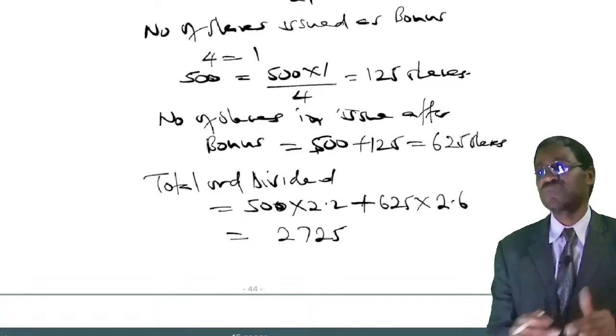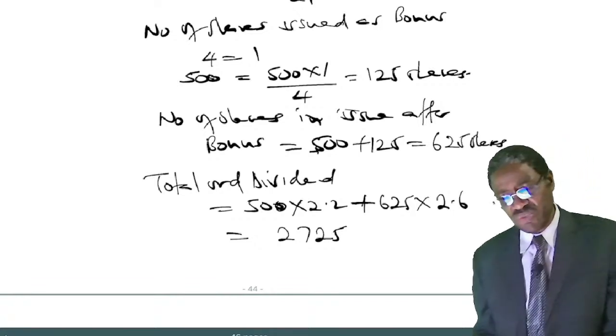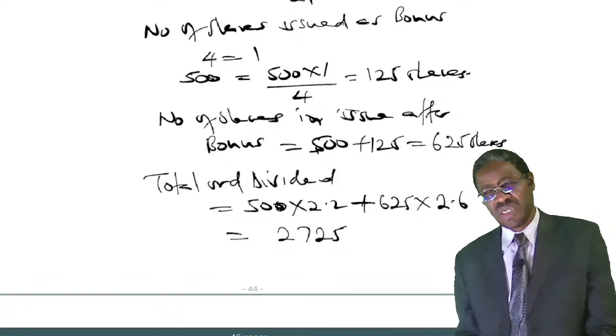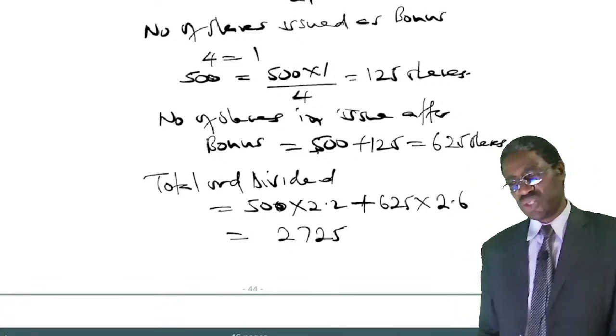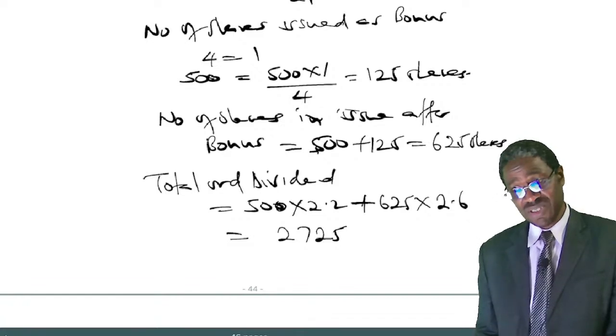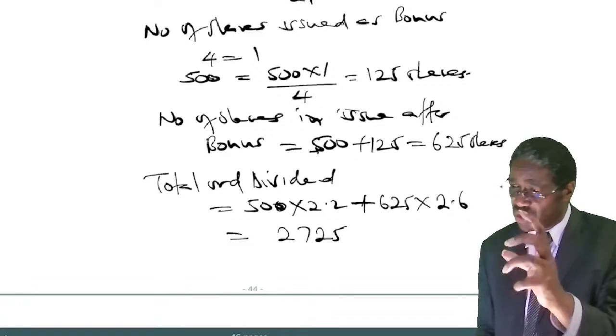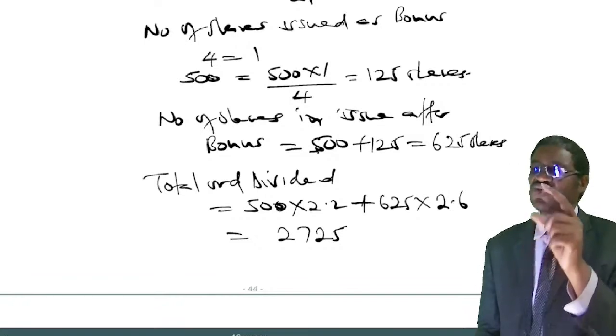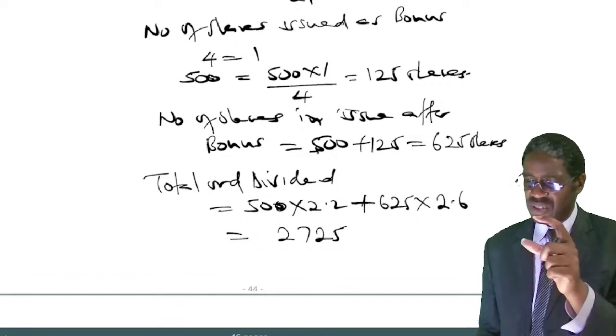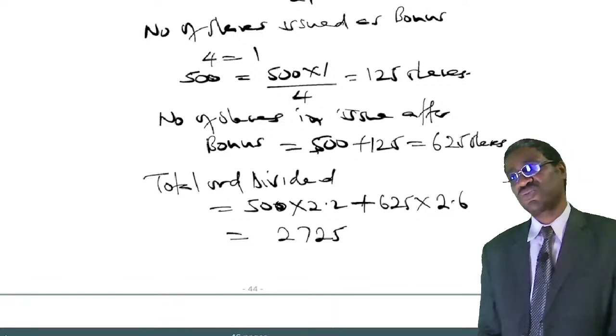Listen again. It also means that when you did not count them as part of your closing stock, the figure you took to the income statement as your cost of sales is wrong also.